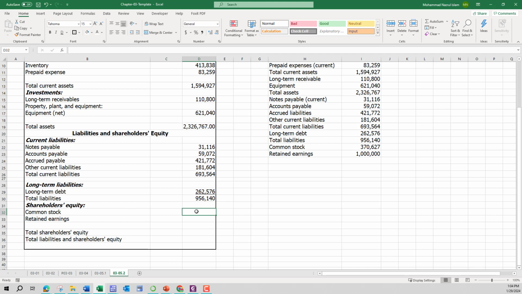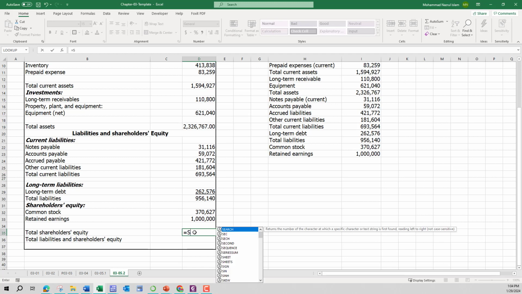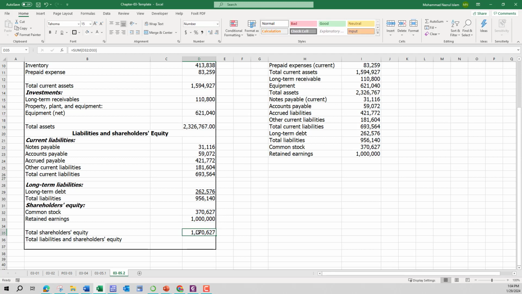The common stock is given, this one, then retained earnings. Total shareholders' equity is the sum of these two. Then liabilities plus shareholders' equity, and we can see that they are balanced.